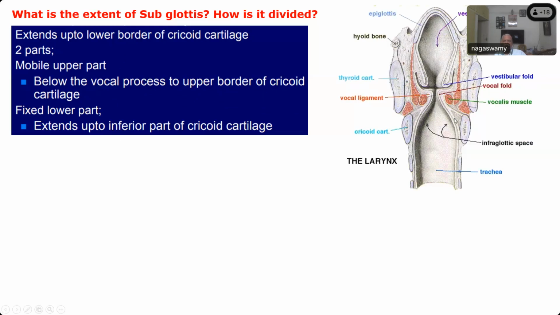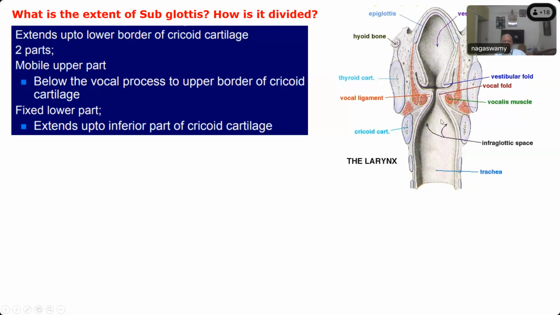So you can see this is how the areas are. The vocal fold is there, vocalis muscles, intraglottic space. You can see this is the cricoid cartilage. This upper portion is a mobile portion, whereas this lower portion, from the tip to the lower border, is a fixed portion of the subglottic area. And normally this is a little dynamic.